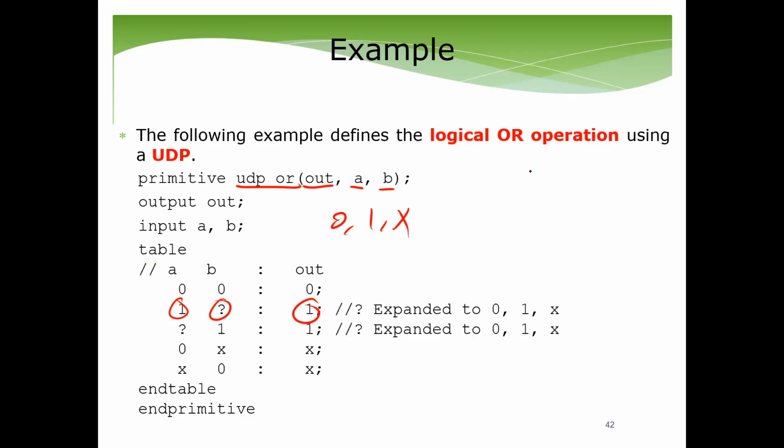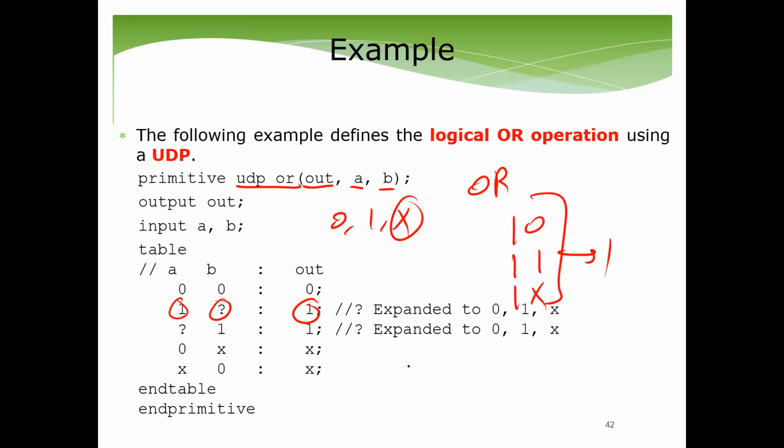Because sometimes if you use the system defined primitive OR, and one of the inputs is unknown, it is going to directly give you an unknown value for the output. But here, no. When we use a question mark, that means if we have 1 0, or 1 1, or 1 unknown, all these cases give me 1 at the output.